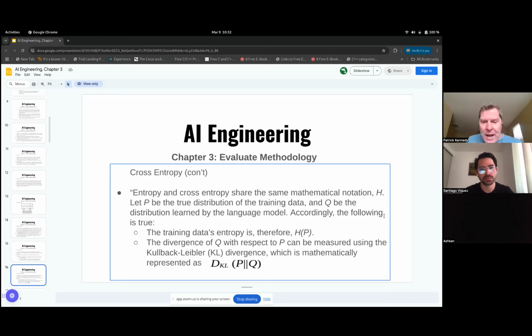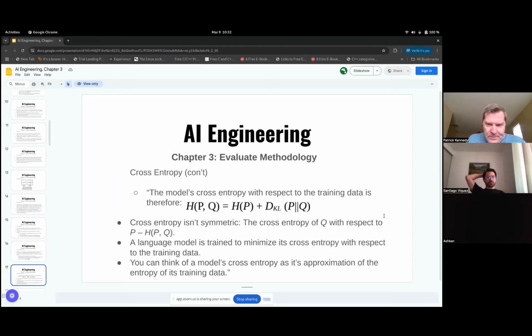So it's all about finding that. Cross entropy and also the KL divergence are ways of measuring 2 sets and how they diverge, and therefore that helps you make predictions or get closer to the way things should be.